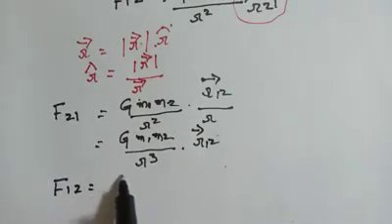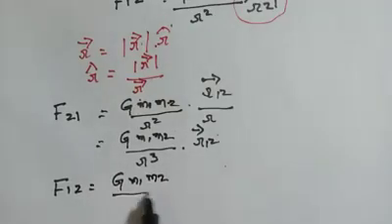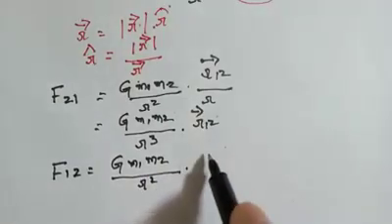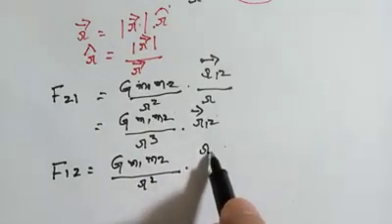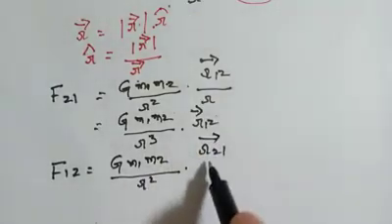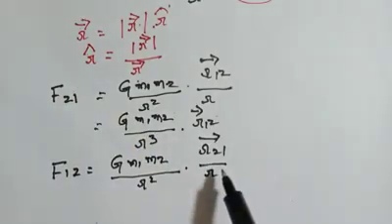You write the same, G m1 m2 whole divided by r squared. I am just making the steps for you so that it's easy to understand, multiplied by r21, whole divided by r, because the unit vector is being replaced by this one.